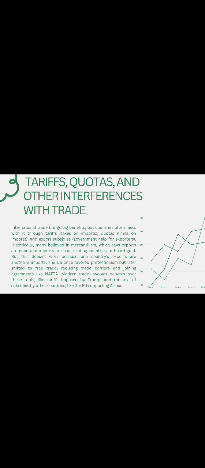International trade helps countries get goods cheaper, creating jobs and growing their economies. However, governments sometimes interfere with trade to protect local industry or for political reasons. The most common trade interferences are tariffs, quotas, and subsidies.